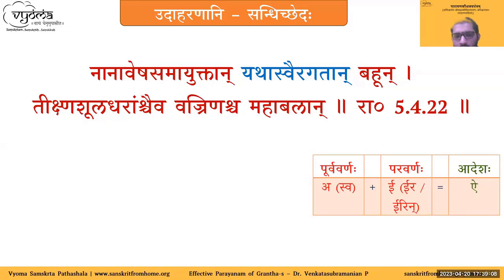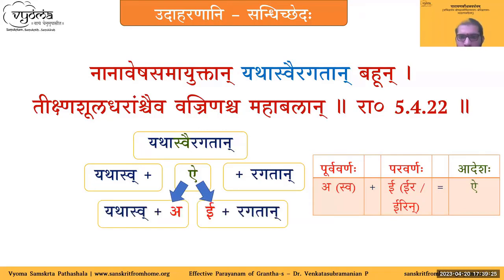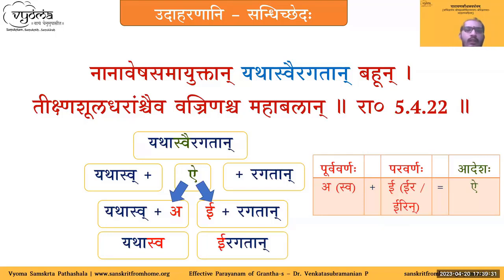There the word Yatha Svaira is there, so the Aikara Adesha is there. If you split it, Yathasva Iragatan, Ai can be split into Akara and Ikara. So we get the form Yathasva Iragatan, which is the final form.